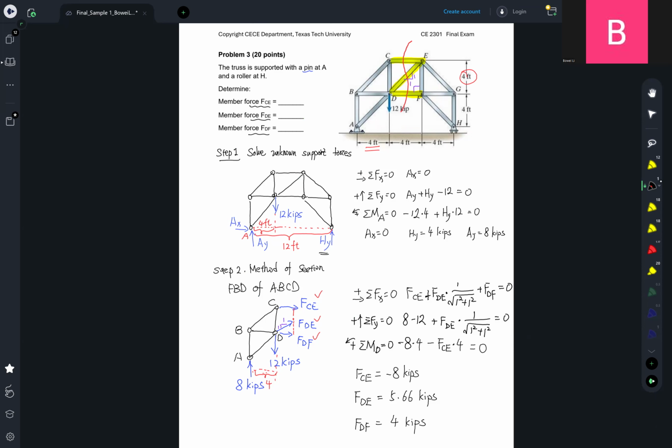We imagine that we have a knife cut through the members, and the structure is separated into 2 parts, and then we can take out a part and draw the free body diagram of that. That free body diagram may contain the unknown support forces, but we have already solved those, so we are only going to have the unknown member forces. Then we can establish equations for the equilibrium of the part of the structure, here it is part A, B, C, D, and then solve for the unknown member forces.